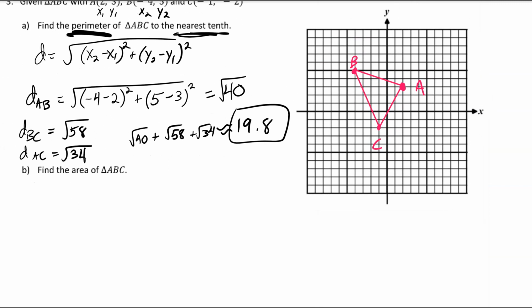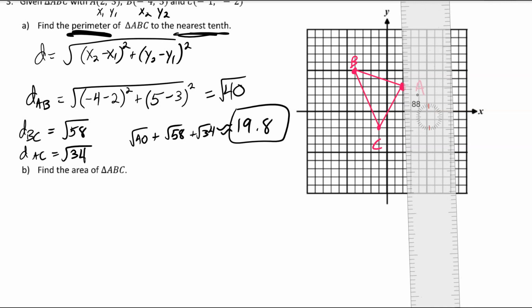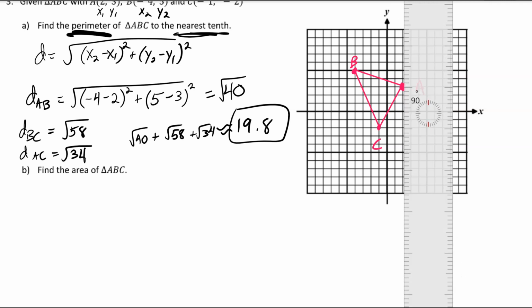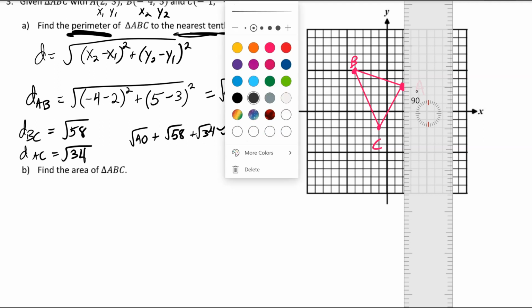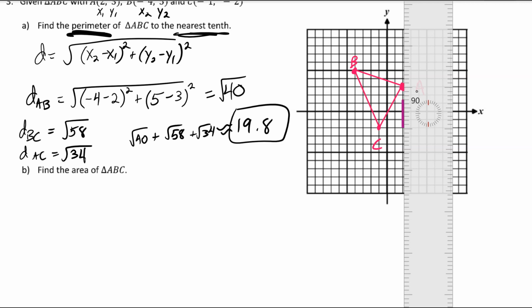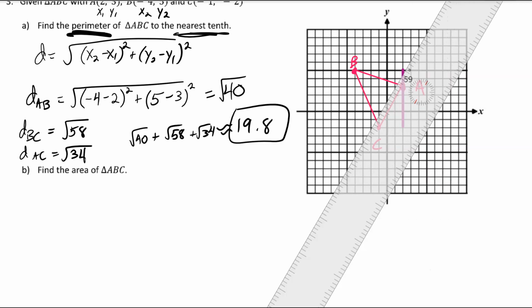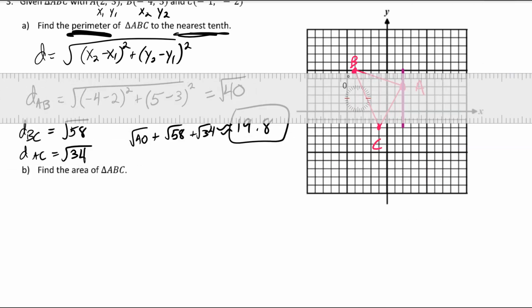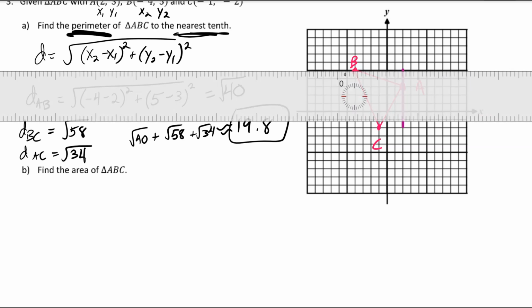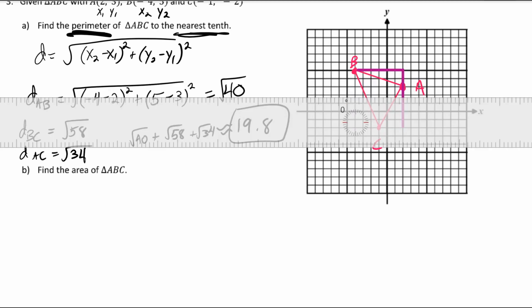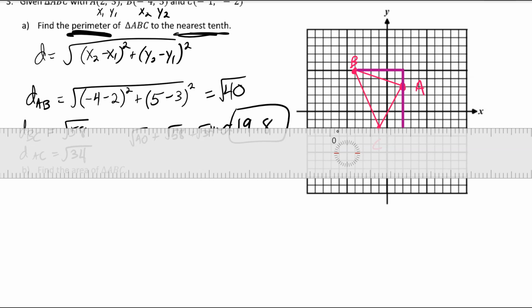Part B says find the area of triangle ABC. The fastest way to do that would be to box this guy in. So I'm going to draw a nice rectangle around this figure here. I'll do it in purple. So that A, B, and C all lie on the edges of this rectangle here.